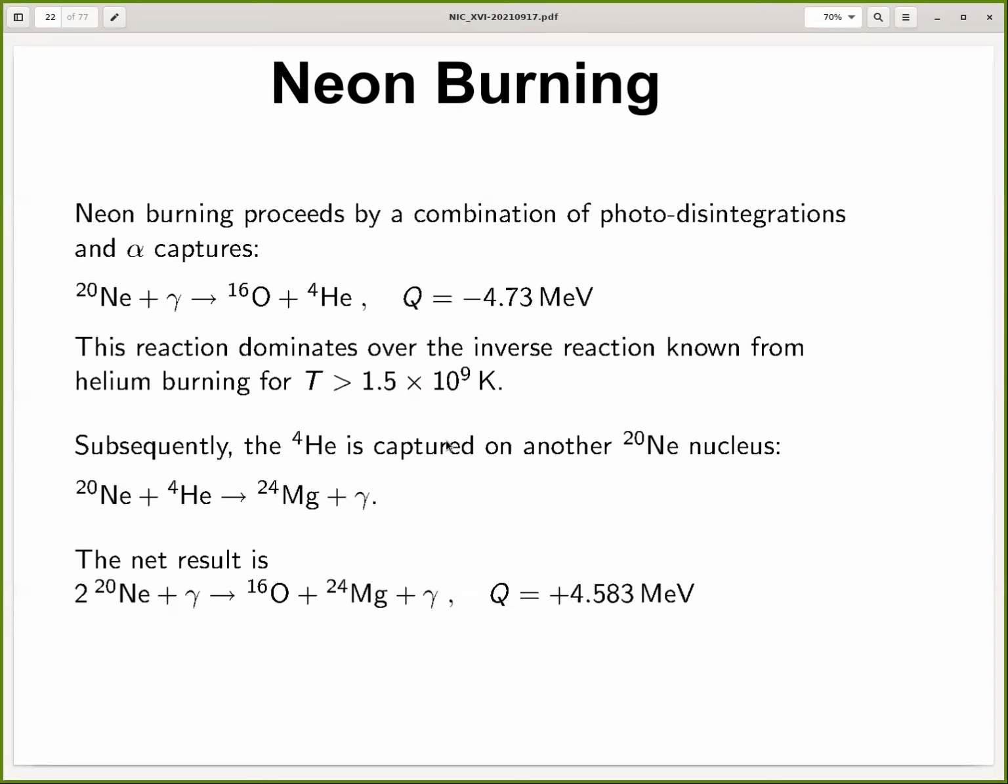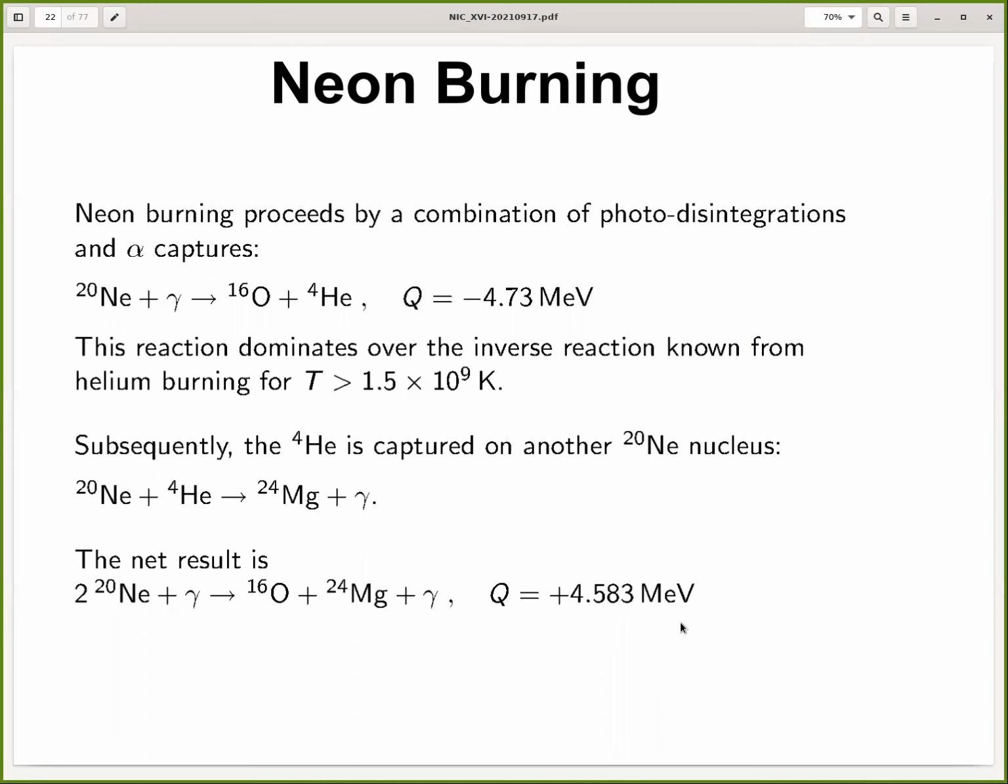I didn't have the numbers here in detail, but the total of both reactions is plus 4.5 MeV of energy. So despite the first reaction costing you some energy, the second one gives you sufficient energy out to make this an exothermic process.